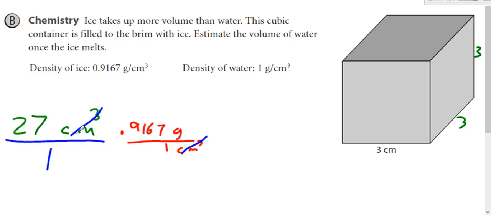So we have 27 times 0.9167. This is for the ice. We have 24.7509 grams of the ice.